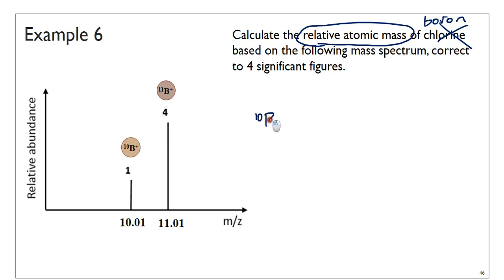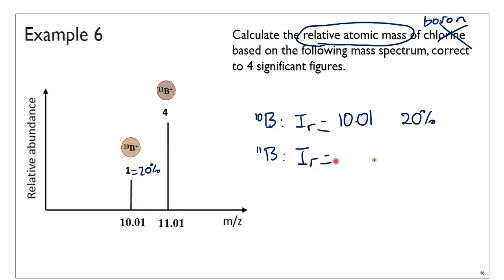So boron 10 is going to have a relative isotopic mass of 10.01 from the horizontal axis, and the height is 1, which is a percentage abundance of 20%. Boron 11 has a relative isotopic mass of 11.01 and a percentage abundance of 80%.